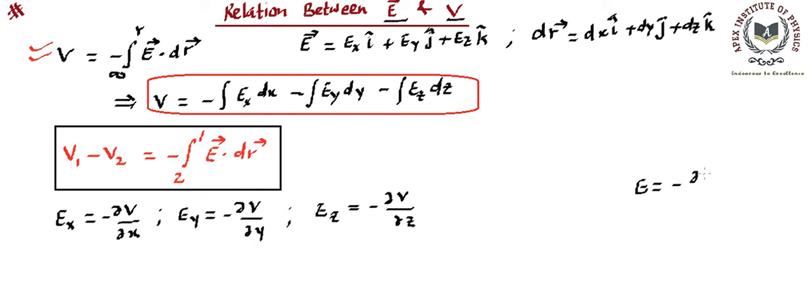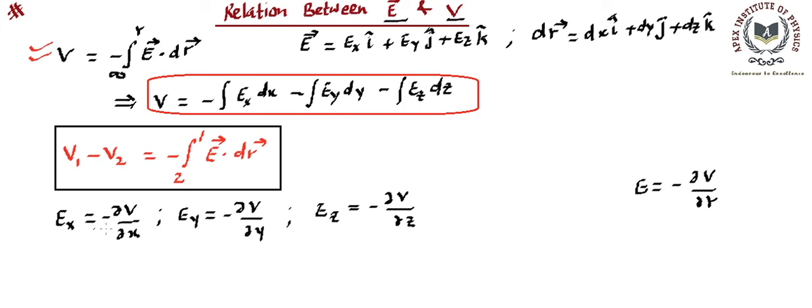minus del V upon del r, if V is a function of r, the distance from the central origin location. So if it is in the Cartesian coordinate system, we will be using this. If it is the polar coordinate system, we will be using this.